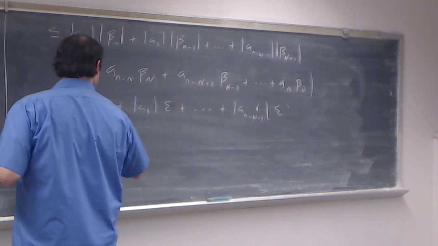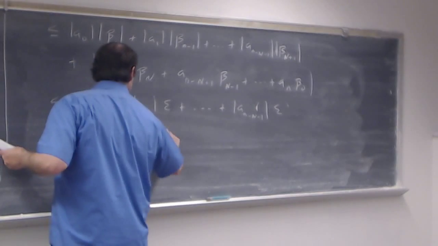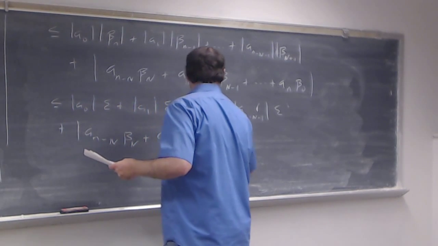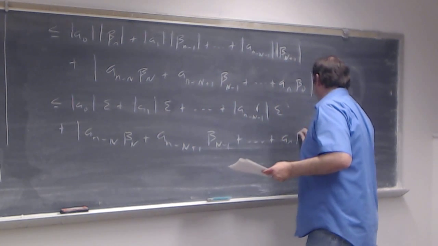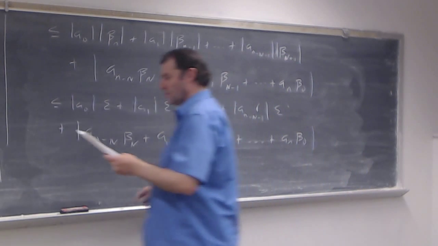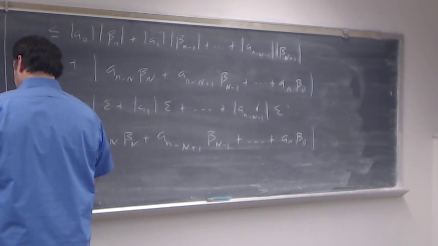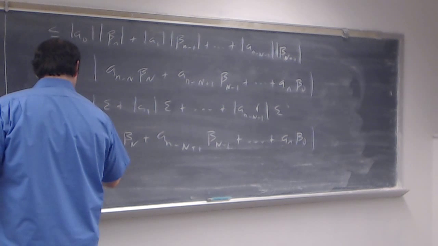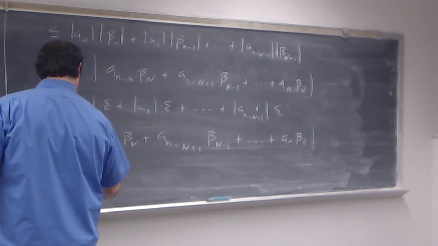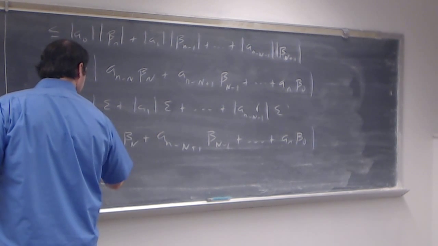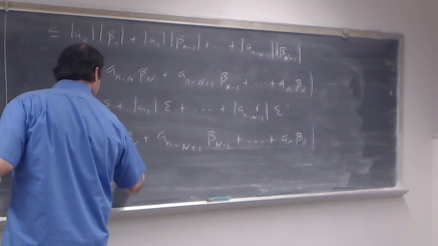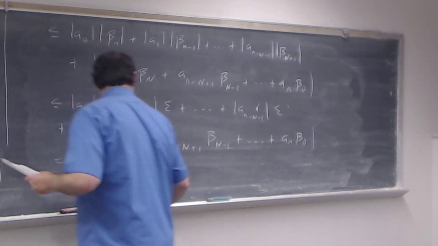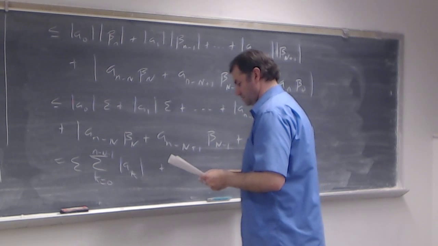It's a sub n minus big N beta sub big N plus a sub n minus big N plus 1 beta sub big N minus 1 plus a sub n beta sub 0, which I'll rewrite as being equal to epsilon times the sum as k runs from 0 up to n minus big N minus 1 of the absolute value of a sub k, and then plus this term here.